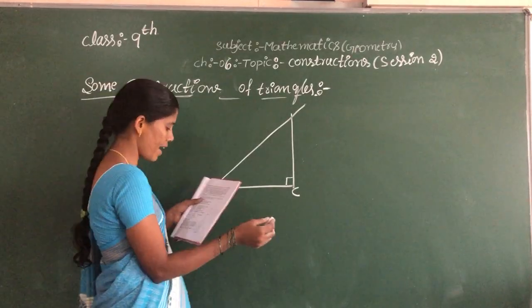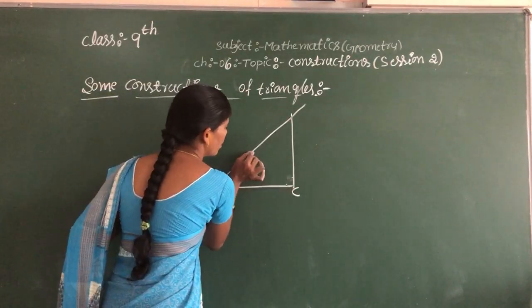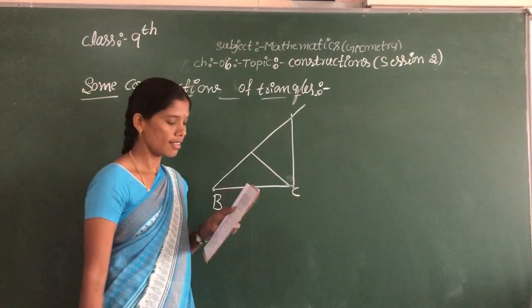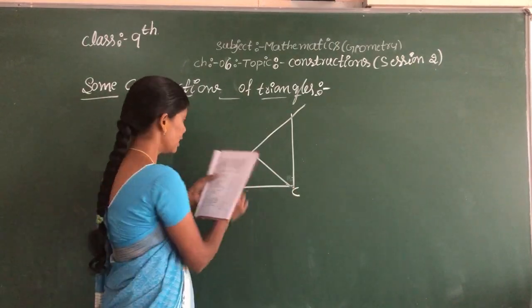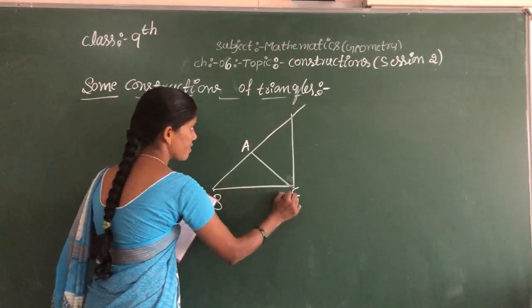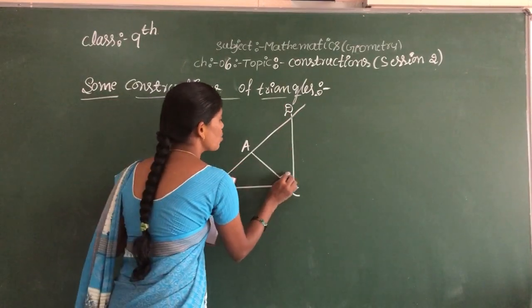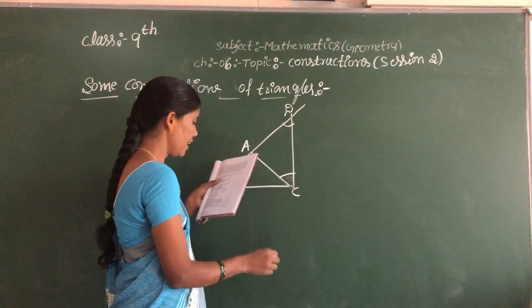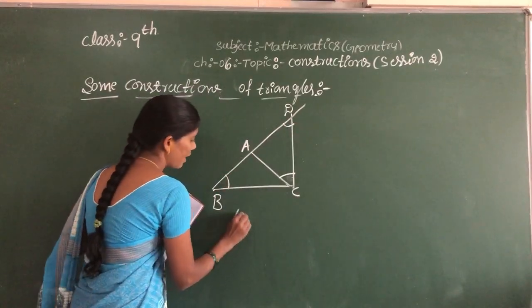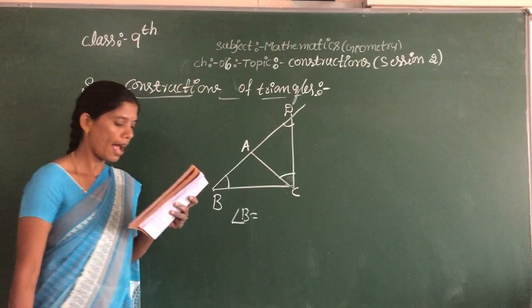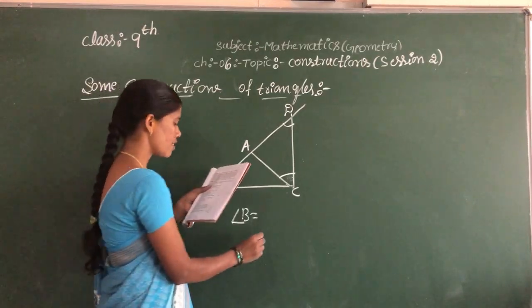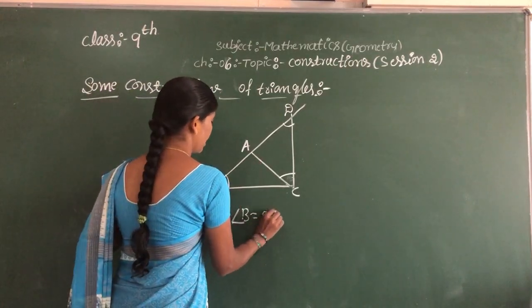So you should draw the base and join this type. This is A, B, C, D. This is one of the angles, angle B. Angle B is equal to what? 90 degrees.